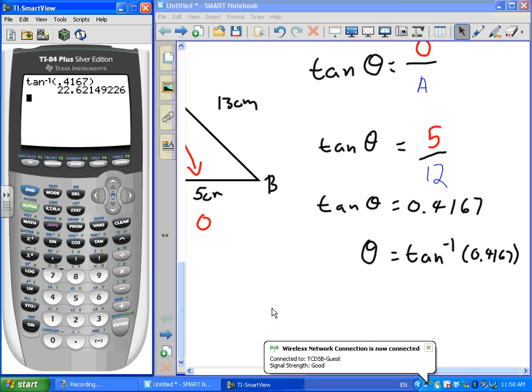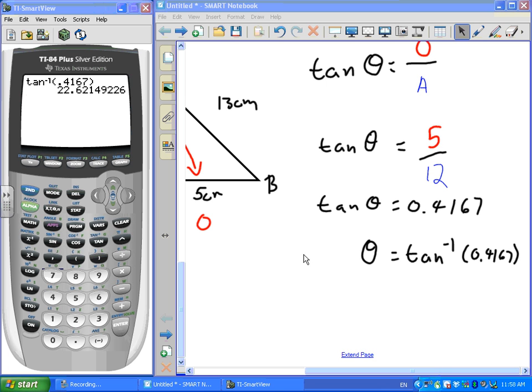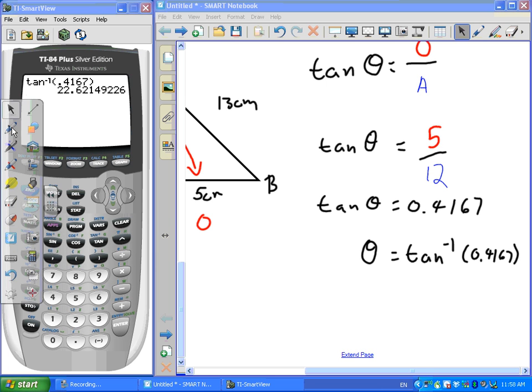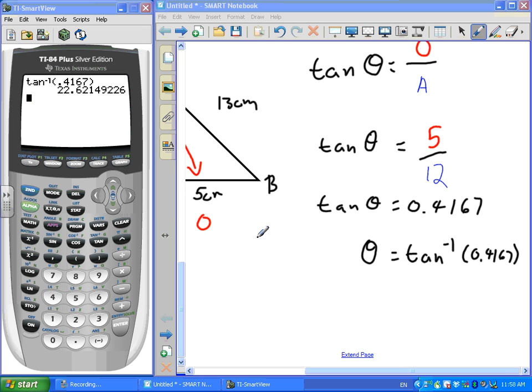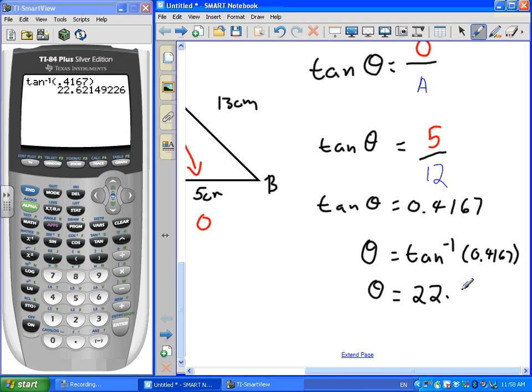I write that right? Good. Make sure your calculator is in degrees. If your mode says RAD, you will not have gotten that number. That number is theta is equal to 22.6. That's degrees. So it's saying theta is 22.6 degrees.